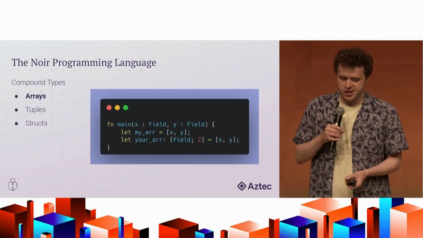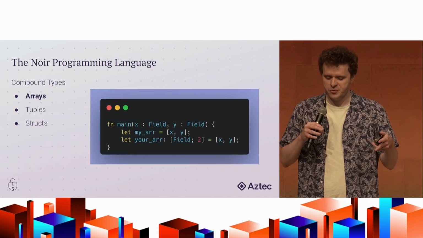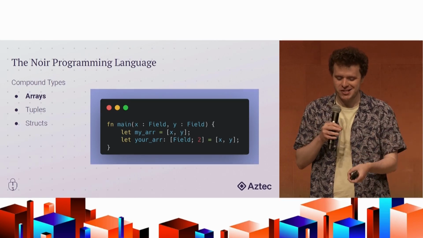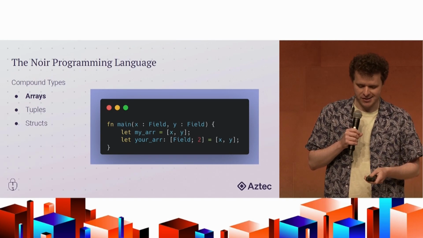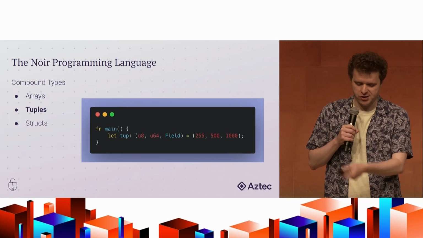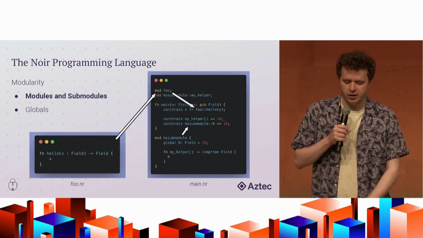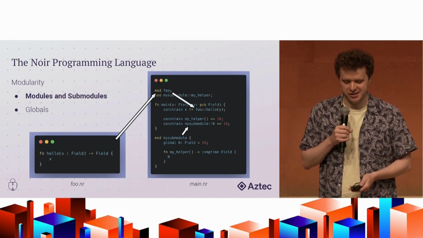So yeah, you have even things like arrays, and you can access the arrays with non-constant values, which to a programmer is obvious. To a cryptographer, that's really hard, but we can do it. And basic compound types that you would expect. So effectively, Noir is like a programming language from the 1960s, but with modern semantics wrapped around it.